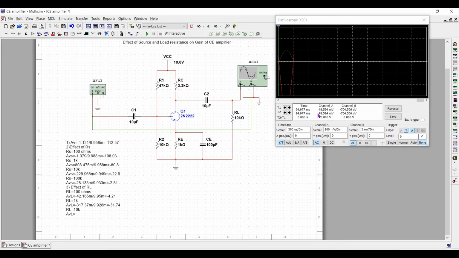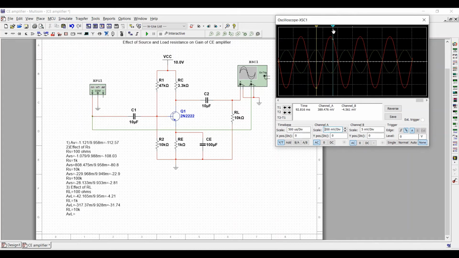Just scale it down. Measure the outputs. Bring the second to the peak value and first to the negative peak value.